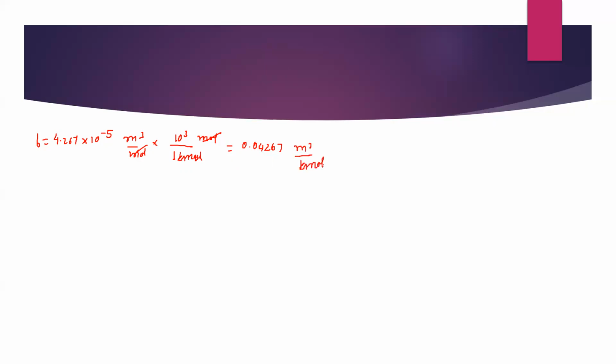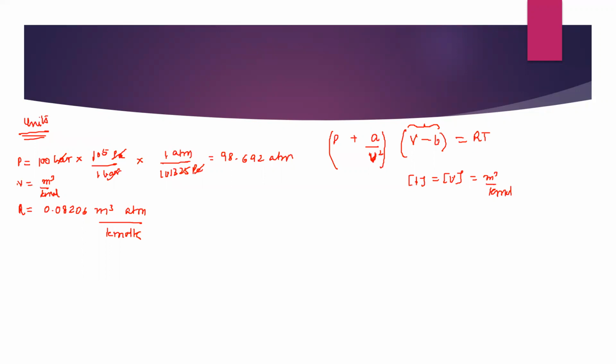Now for the dimension of A: A by V square is the same as the dimension of P. Hence the dimension of A is the dimension of P into the dimension of V square.